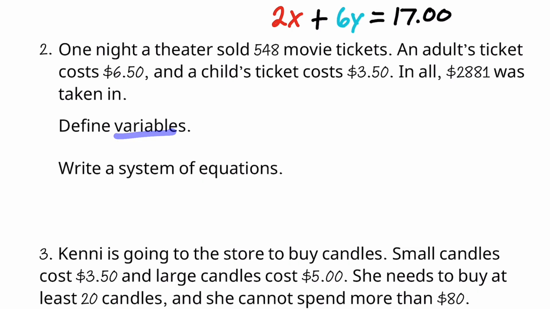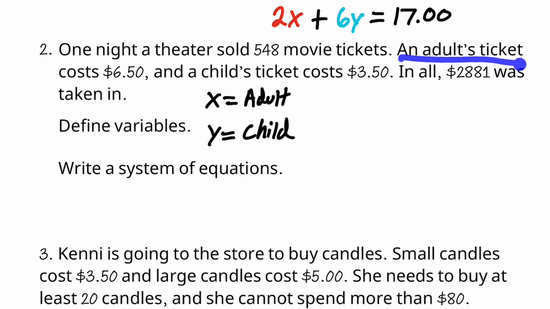Okay, so again, we need to figure out what my two variables are. So I need to figure out what x is and what y is. The two items that we are talking about this time are adult tickets. So we can say adult tickets are x. And my second ticket are child tickets. Okay, let's write in a system.